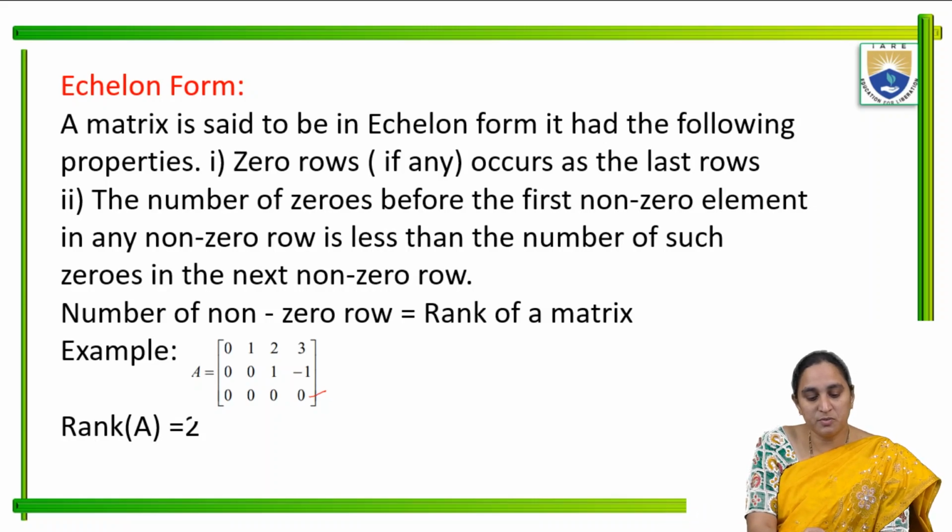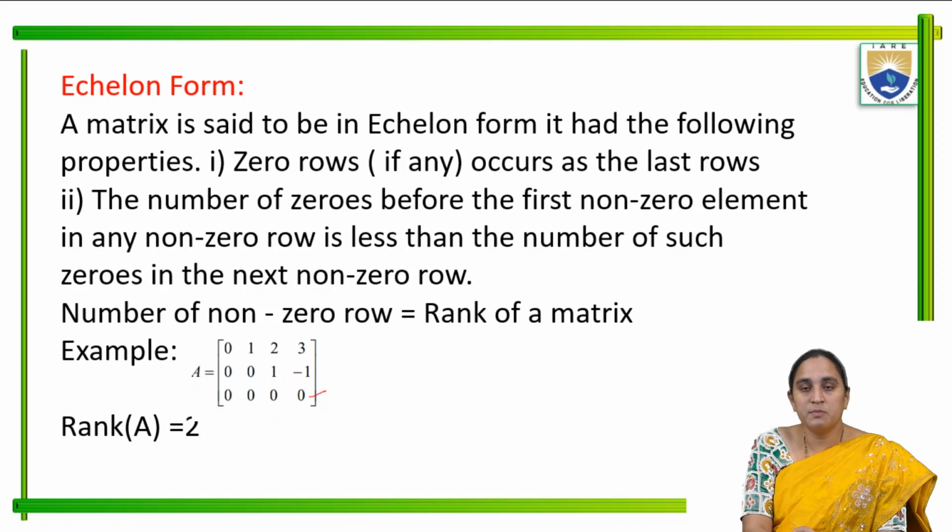Here, observe that the zeros in the first row are fewer than in the second row, which are fewer than in the third. If this condition is satisfied, the given matrix is reduced to echelon form with respect to row operations only. This method is useful for finding the rank of a matrix.